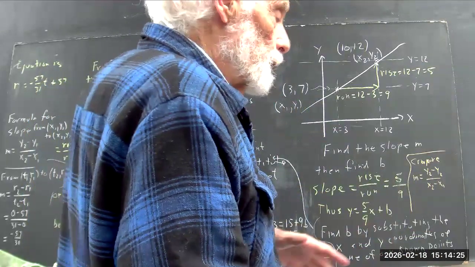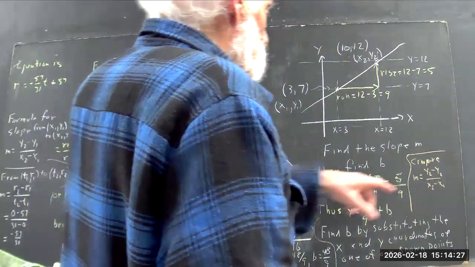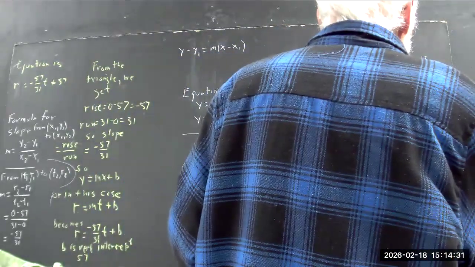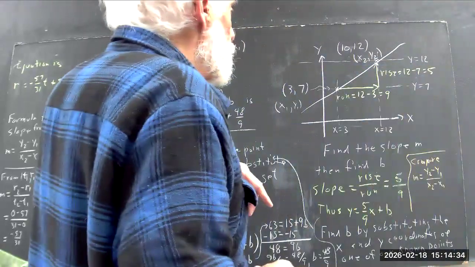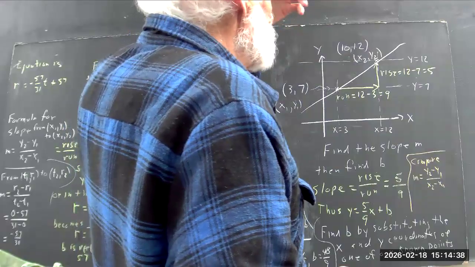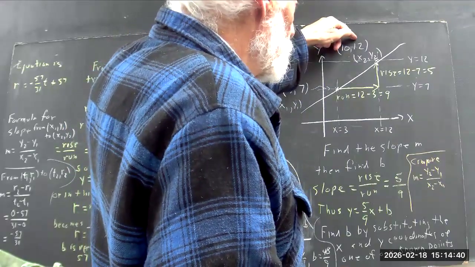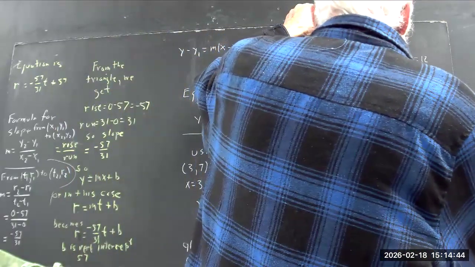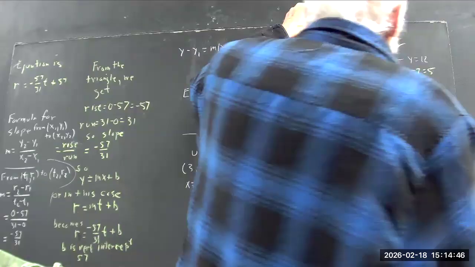If you're constrained to work by symbols, you can do this easily. Well, again, the point x2, y2 is the point 10,12. So y2 is 12. So we replace y2 by 12.